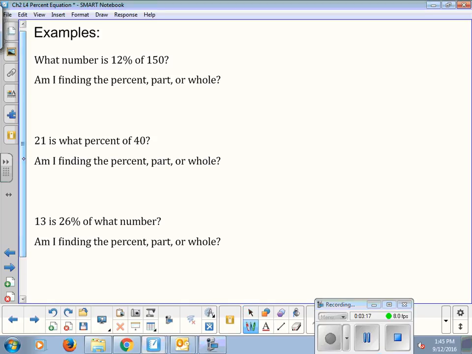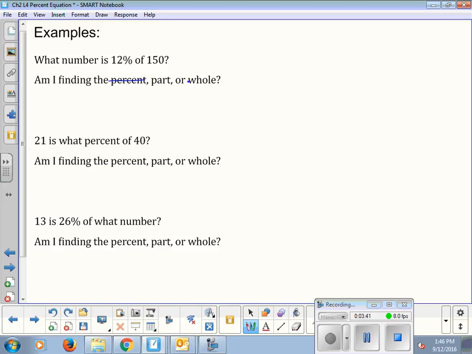For the first example, what number is 12% of 150? Are we looking for the percent, the part, or the whole? We know that we're not looking for the percent, 12%. And it's of 150, that means it's out of 150.